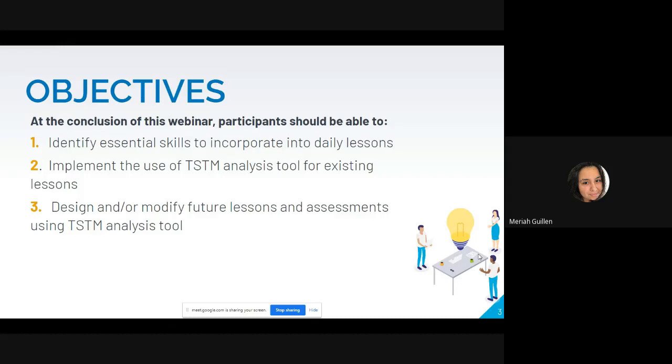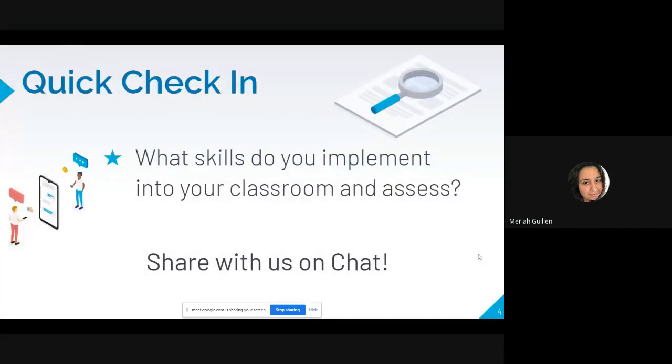With everything, there are some modifications that can be done, so use it as much as you can and adopt it into whatever program you're using. Hopefully the materials presented today will help you in some way within your classrooms. So just a quick check-in.